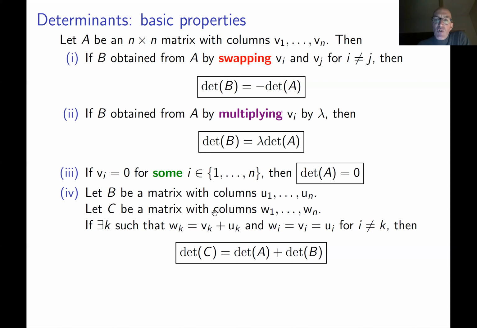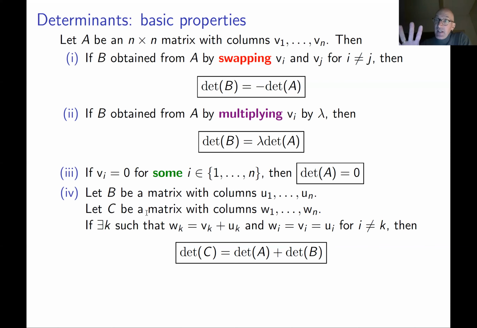And you assume that there exists some fixed column, some fixed k, maybe 1, 2, or any number between 1 and n. Then all other columns different from Vk, Wk, Uk, all other columns of these three matrices are the same.